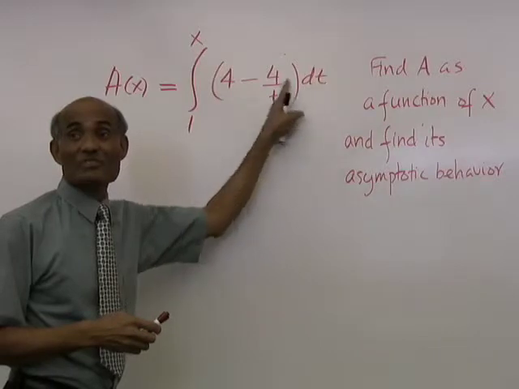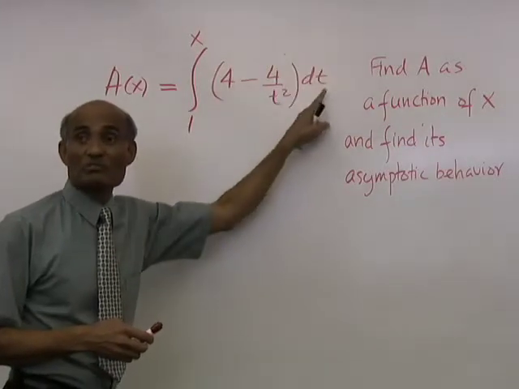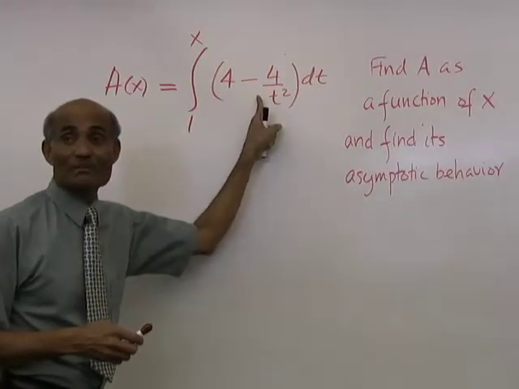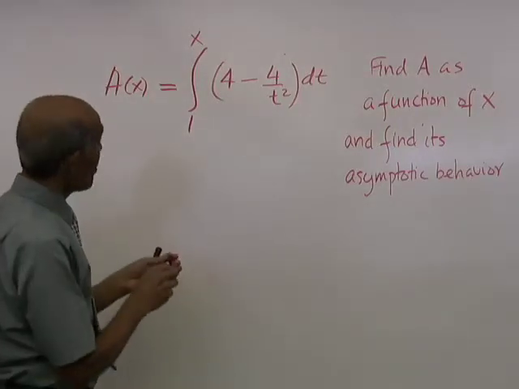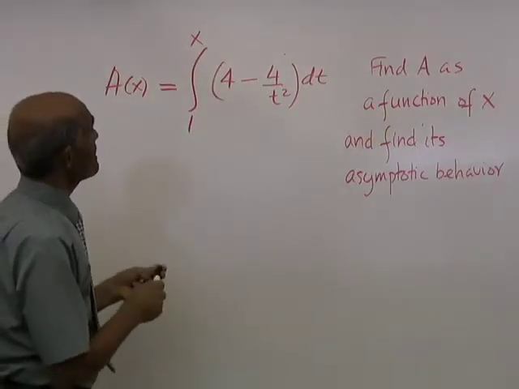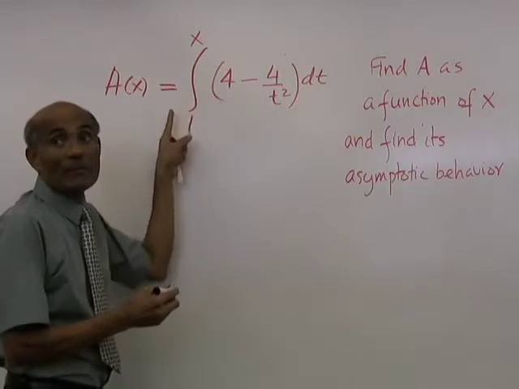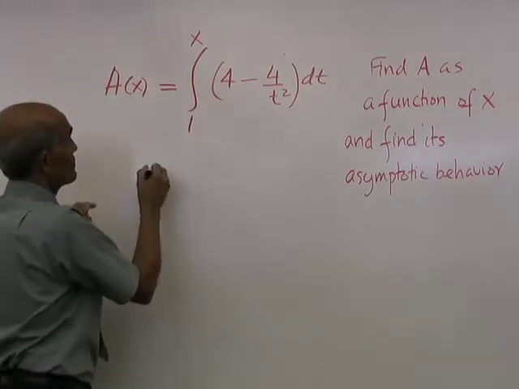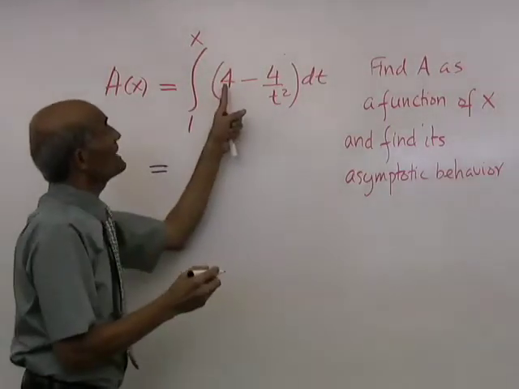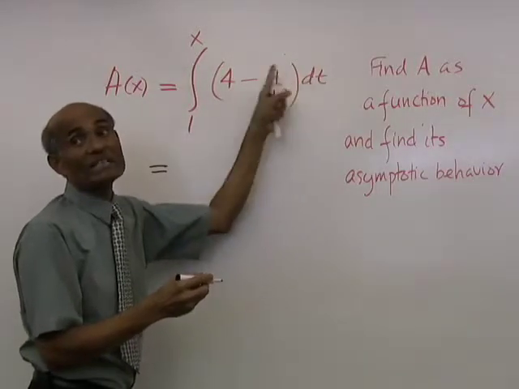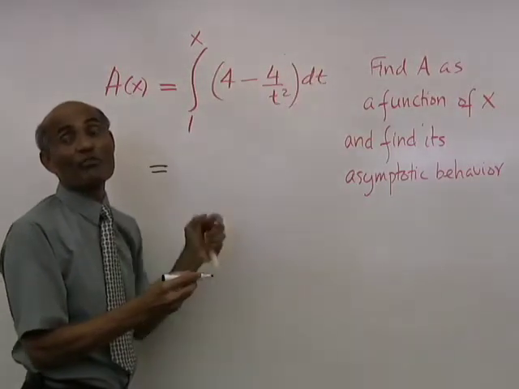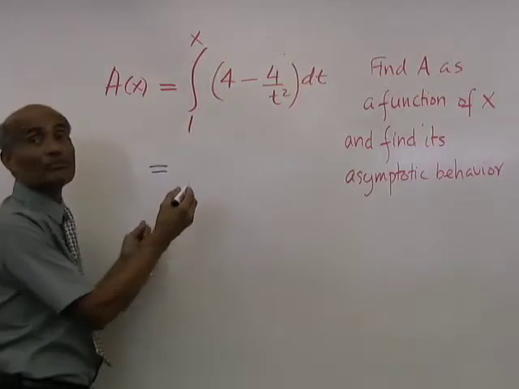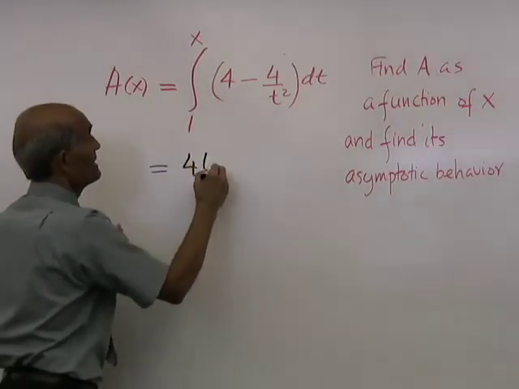First of all, we integrate this function with respect to t. Is that right? Now, okay, help me integrate this function with respect to t, and then we apply the limit. So what is the integral of 4 dt? The integral of 4 dt is 4t.